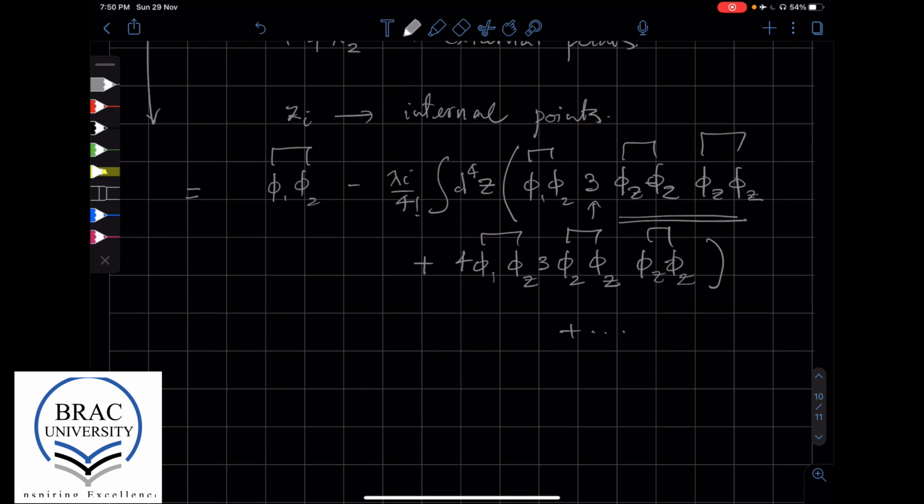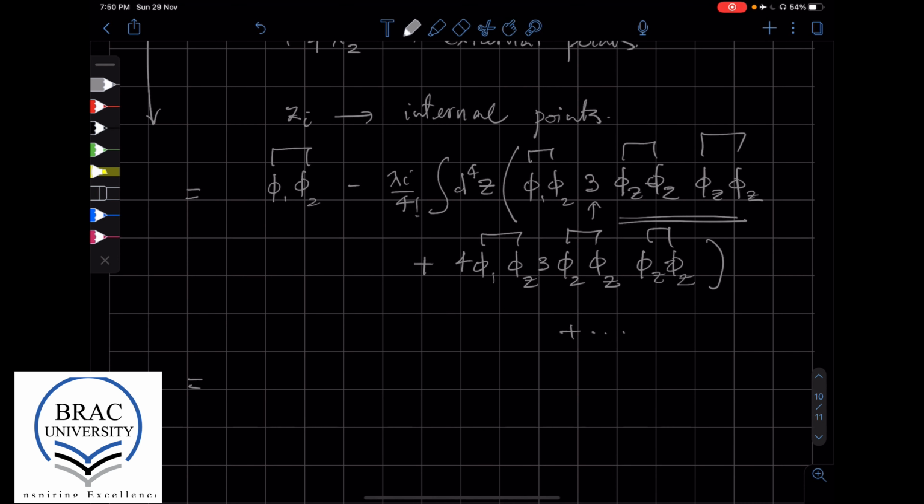So now we can rewrite this. The first term is just the Feynman propagator between x1 and x2. And the second term, we can now simplify these numerical factors. We get minus i lambda, there's an integral over d4 of z.